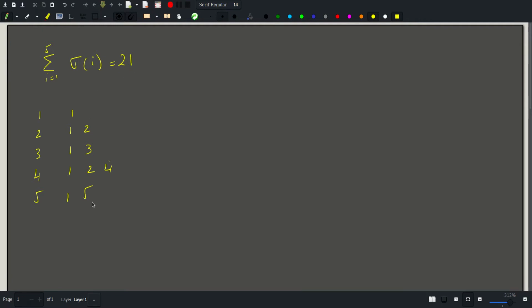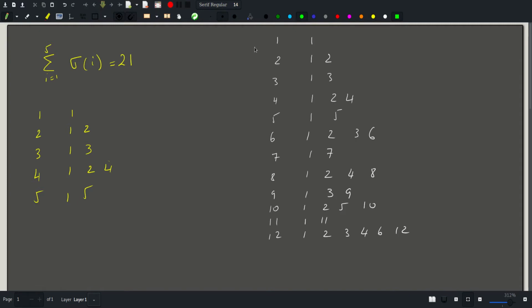Now let's get a better intuition about this problem by listing the divisors of numbers up to 12. These are the divisors of all numbers from 1 to 12. Looking at this, we immediately know that the naive approach of looping through all values from 1 up to n and listing the divisors, then adding them up, is not optimal, because we can do something better.